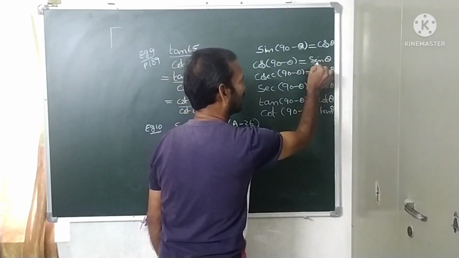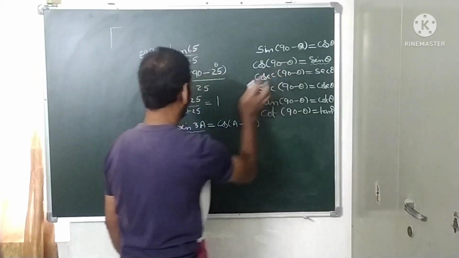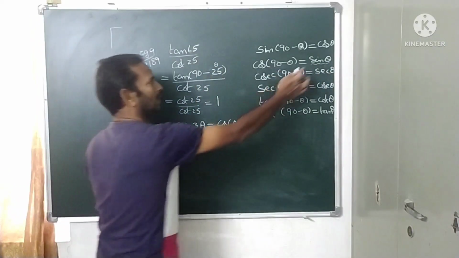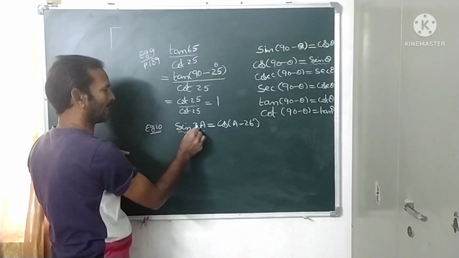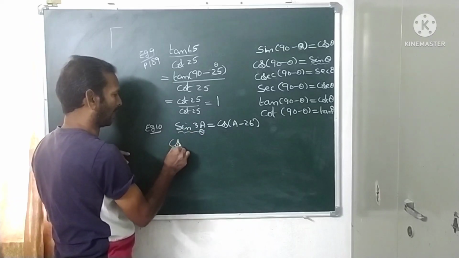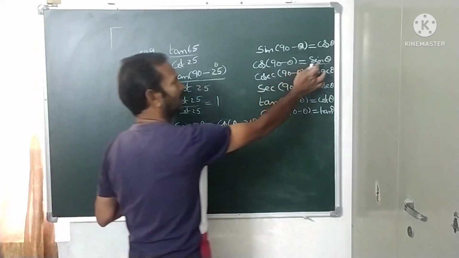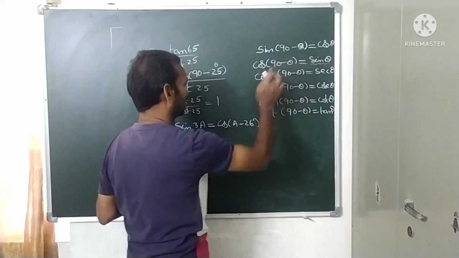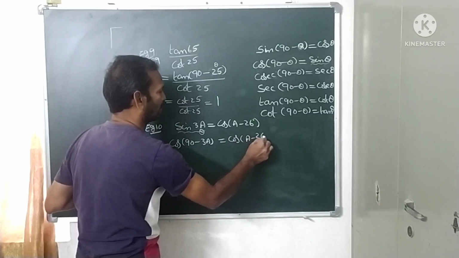For you sin 3a is there, so on the left hand side I am writing sin theta, which means cos of 90 minus theta. See, sin theta means cos of 90 minus theta. This is cos of a minus 26.